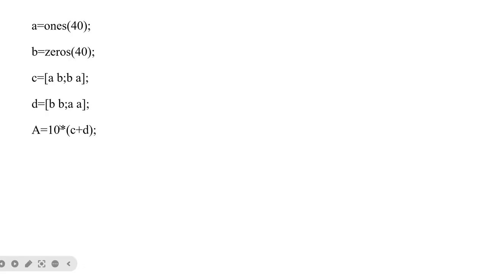Next comes A = 10 * (C + D), where it will first add the matrices C and D, and then it is multiplied, that is, scaled by a value 10 here. Next we have M = C .* D, which is nothing but the element-wise multiplication of the matrices C and D. This is the scalar multiplication.